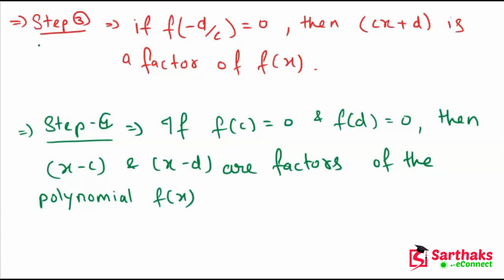So if we have f of c equal to 0 and f of d equal to 0, then x minus c and x minus d are the factors of the polynomial f of x. I hope you understand these things.